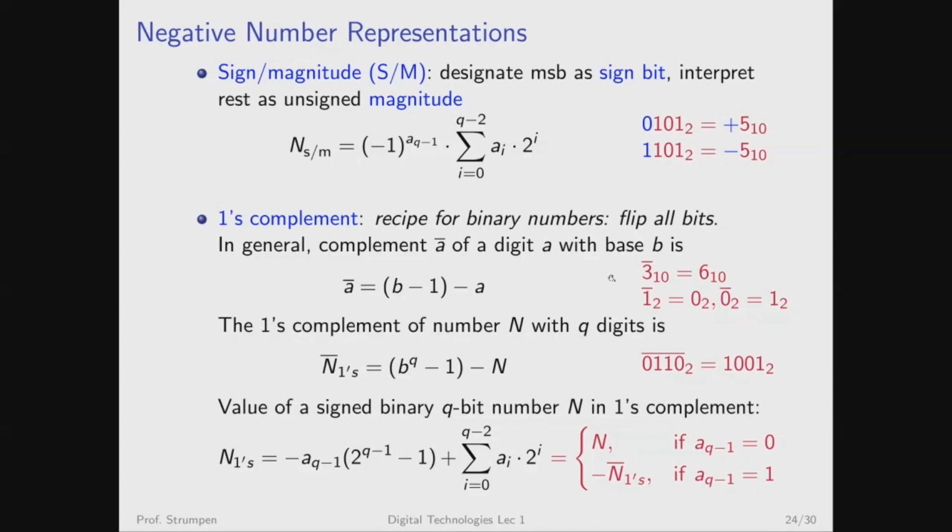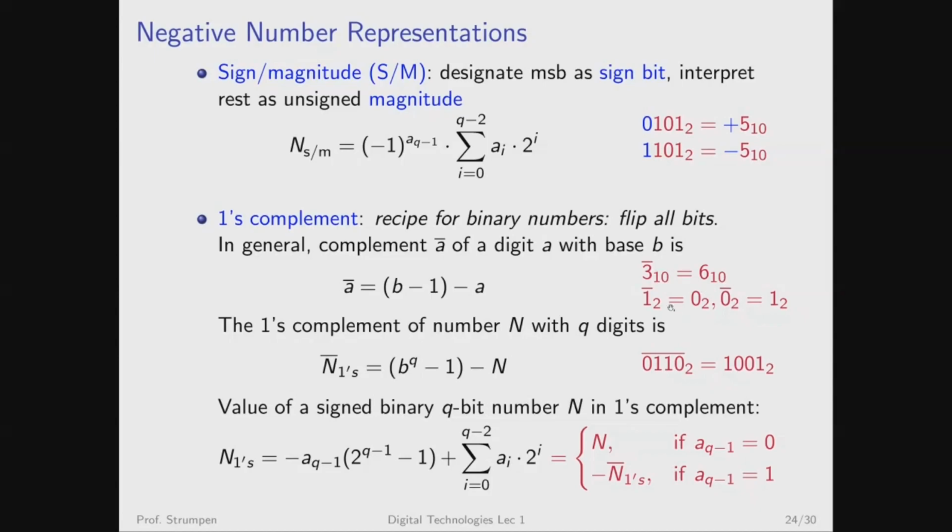So here is an example where the digit that we want to compute the complement of is 3. The complement of 3 is 10 minus 1 is 9, minus 3 is 6. Right? So the ones complement of number 3 in decimal is the decimal 6.